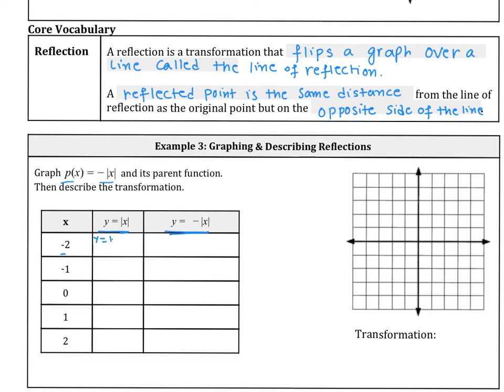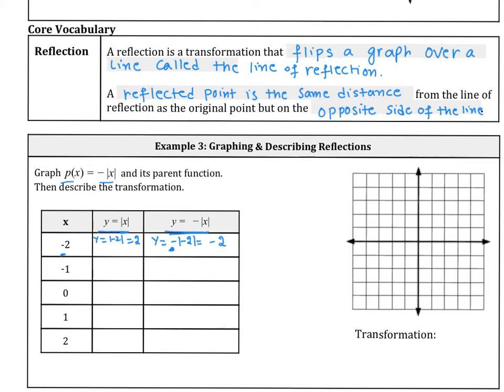So when you have a -2 inside of the absolute value, you're going to still get the answer as positive. So y equals 2. For the second one, when you use -2 inside, the inside number becomes positive, but the outside negative will make this -2. So the answer for this one is -2.